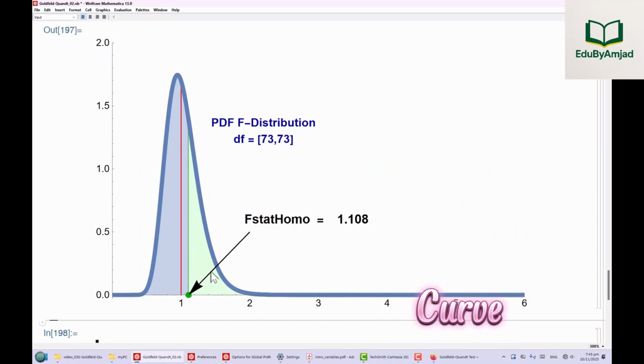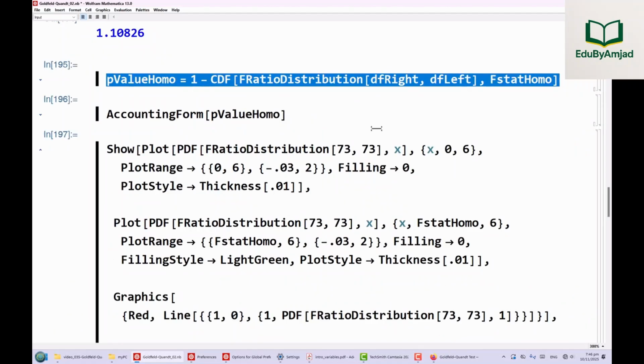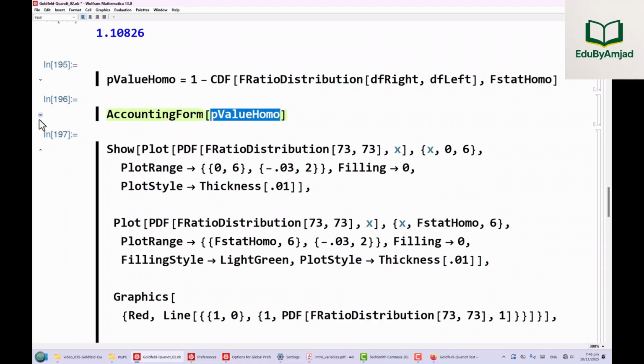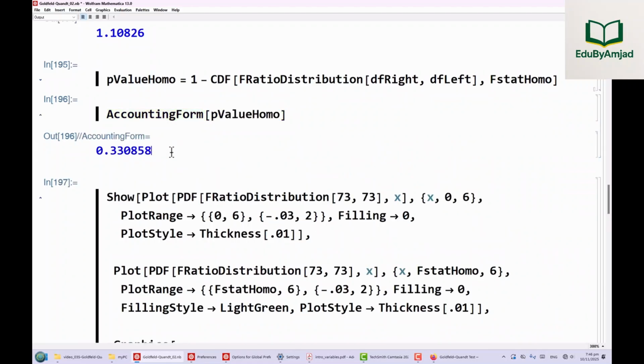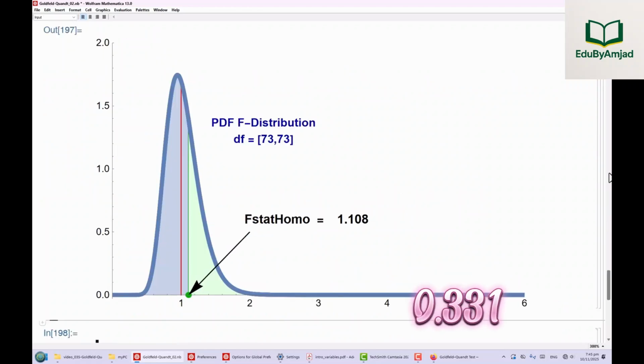The area under the curve to the right of this point represents the p-value, which Mathematica calculates as 0.331, and is shown as the green area in the graph.